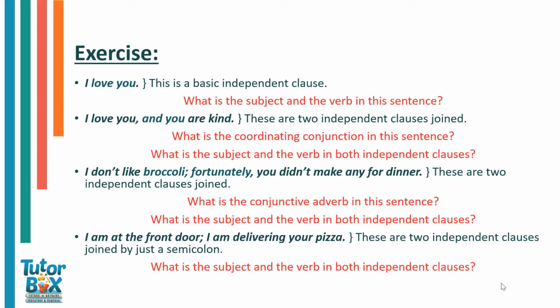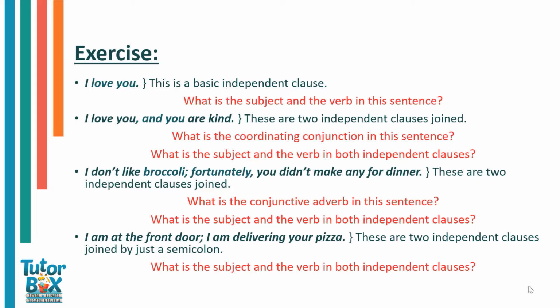Now for the last example, it is I am at the front door, I am delivering your pizza. The first independent clause is I am at the front door, and the second independent clause is I am delivering a pizza. So, what is the subject and the verb in both independent clauses?